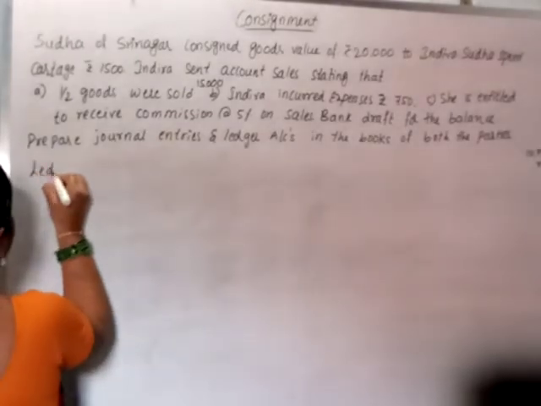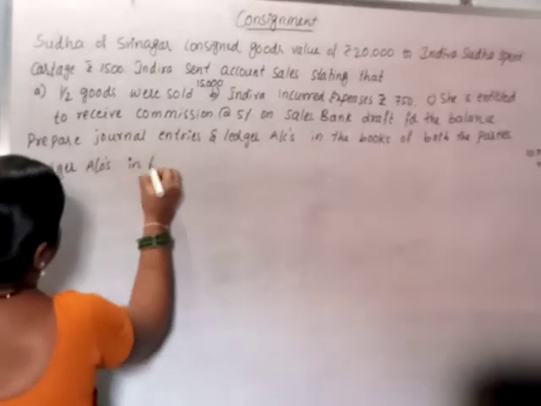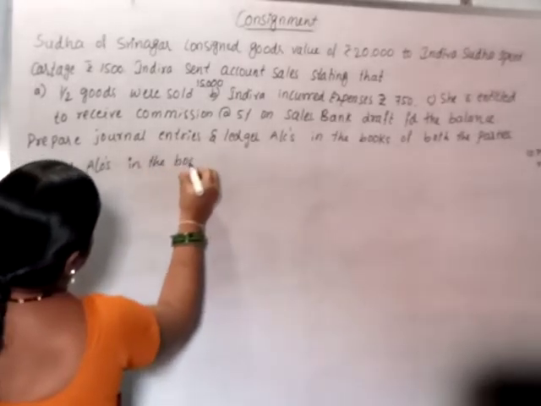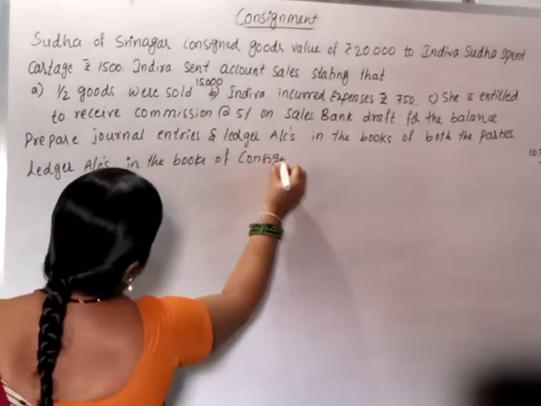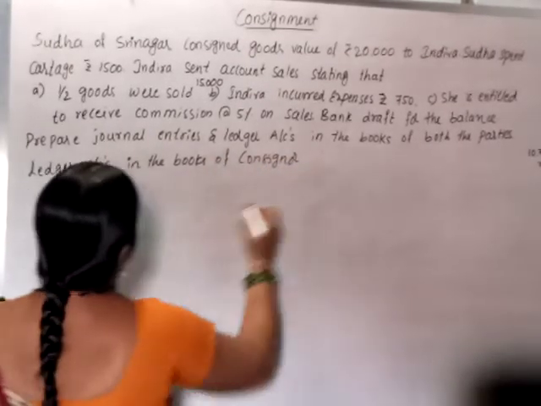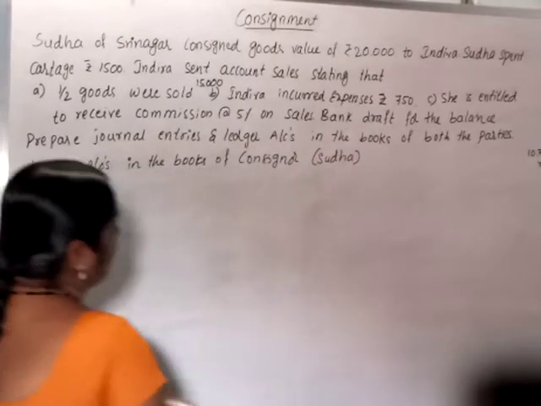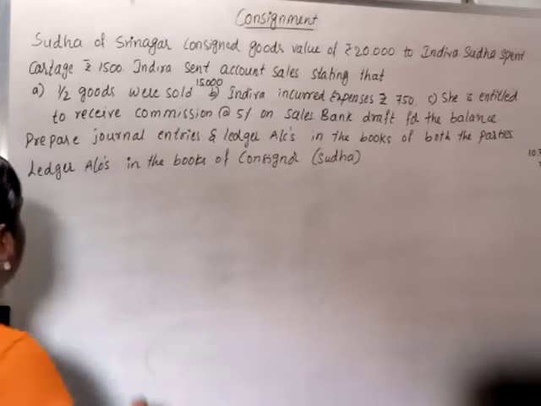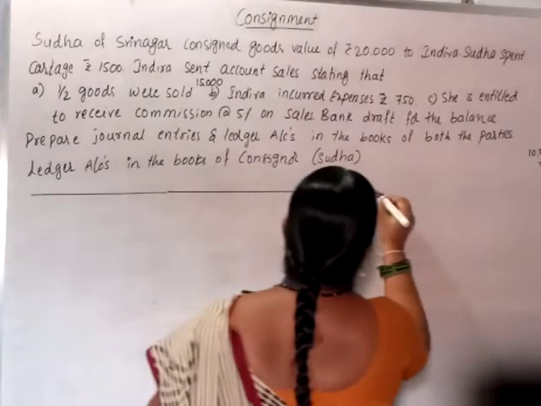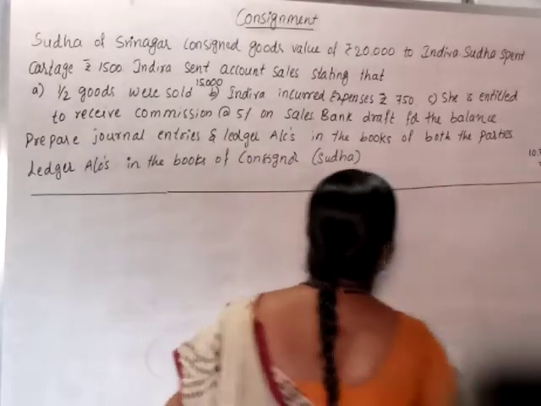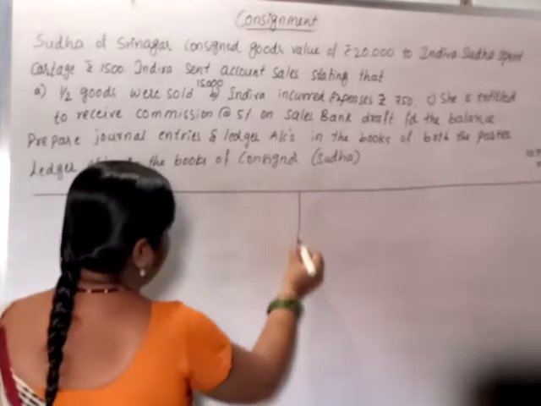Who is the consignor here? Under bracket write down Sudha. Now we have to open two accounts first of all. What are they? The consignment account and the consignee account we are going to prepare now.